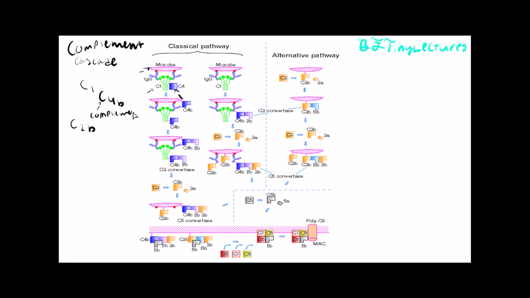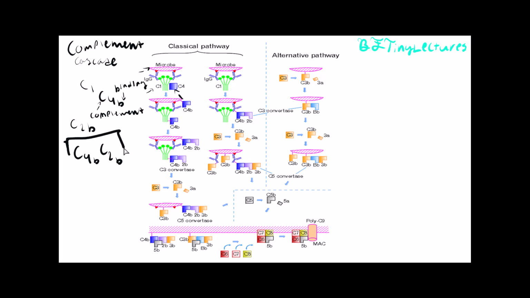So that's all it means. And b just stands for binding. So complement for binding is going to bind to complement for binding. So now we have C4b and C2b.